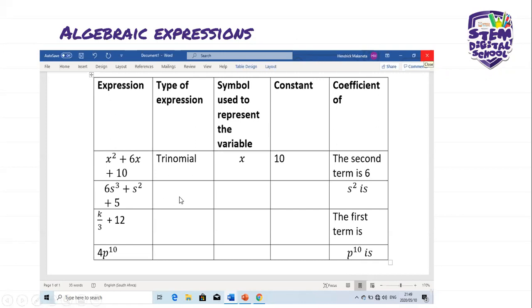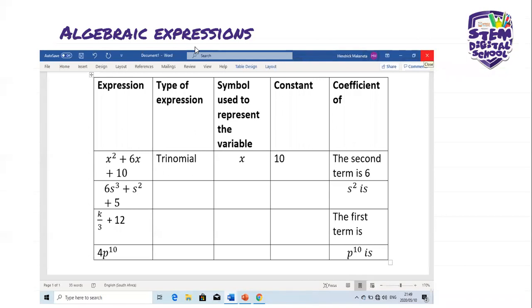So you need to put it here in this box and tell me the symbol, the constant, and the coefficient. But the first learner who is going to speak now must tell me what kind of an expression this is. Is this a monomial, binomial, or trinomial? And please give me the reason for your answer. Is this a monomial? Is this a binomial? Or is it a trinomial?